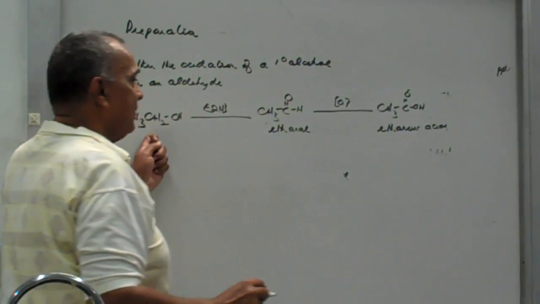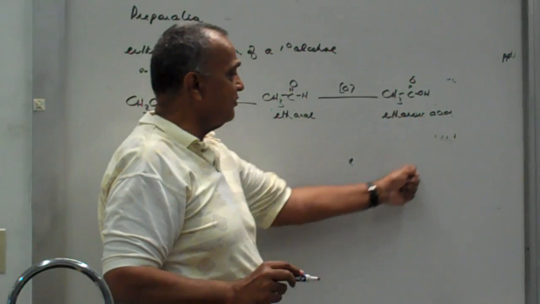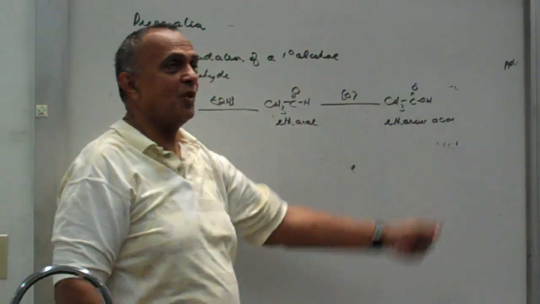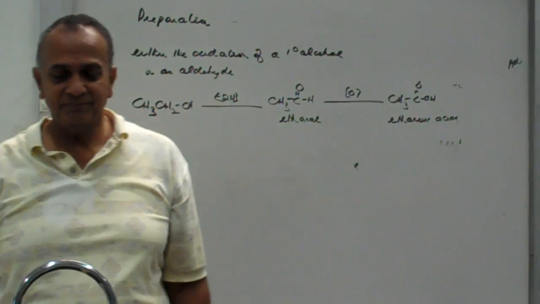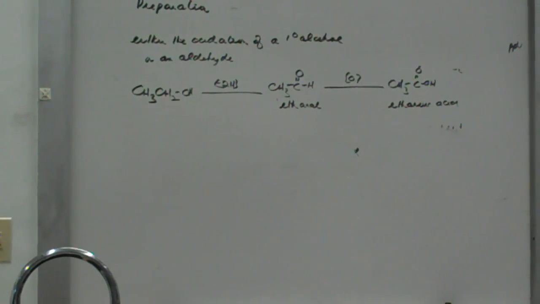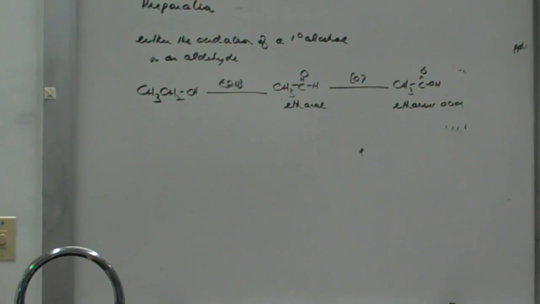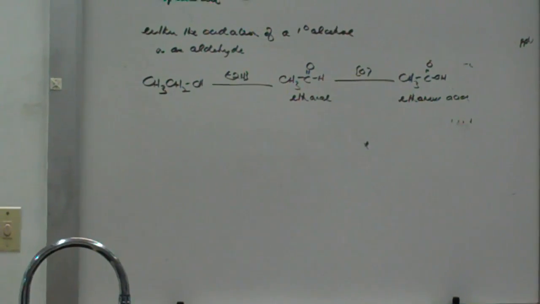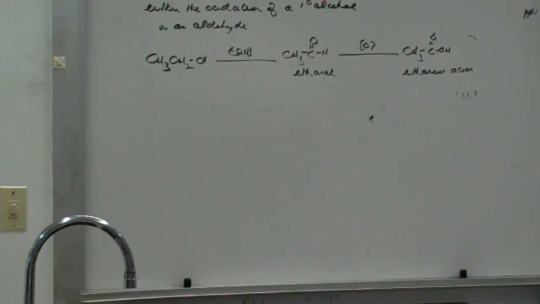So I can start from the alcohol and go all the way through, or I can start from the aldehyde, just one step. So it's either prepared from the oxidation of a primary alcohol or an aldehyde.